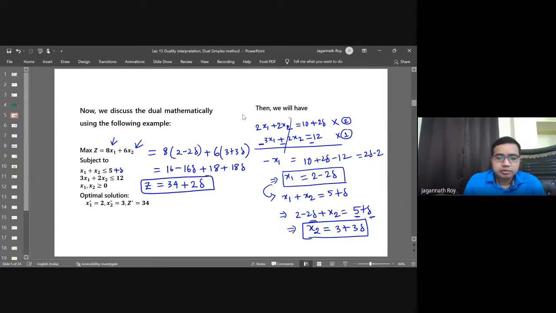Now for this problem, we have seen that the optimal value is x1 equals to 2, x2 equals to 3, and we have optimal value as 34.